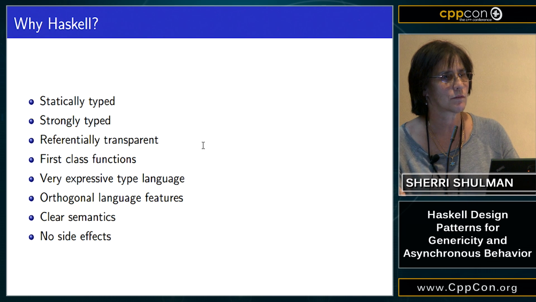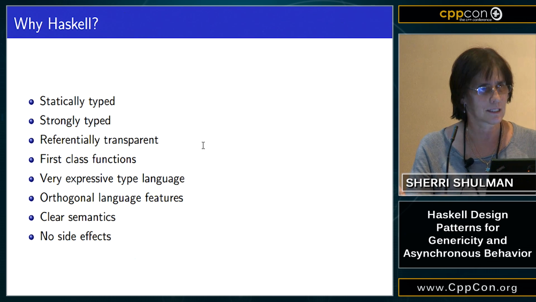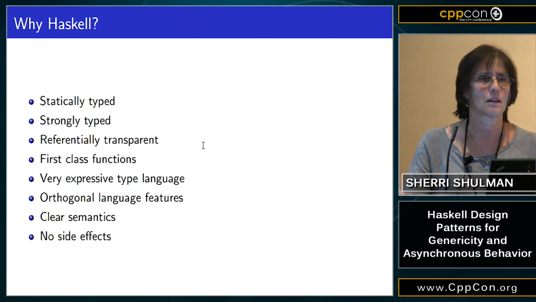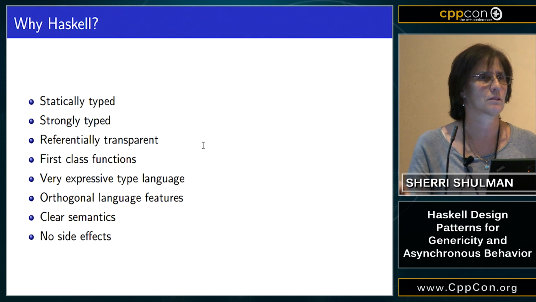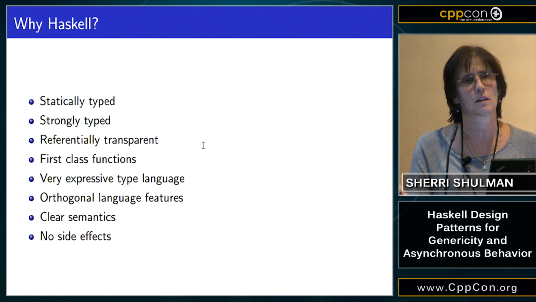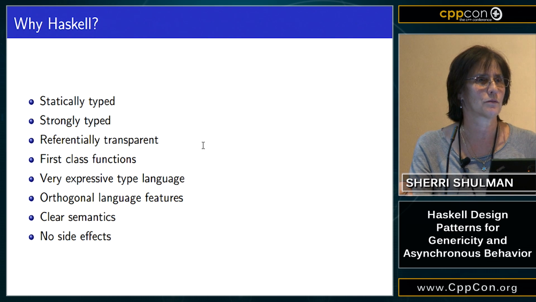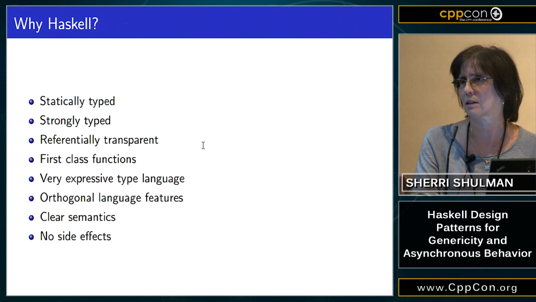Haskell has a very expressive type language. The more expressive your type language is, the more things you can type statically and get essentially compile time errors for fairly sophisticated expressions. Although I don't cover it in this talk, think about what it might be if you could have a type that would express that, let's say you're doing a zip on lists.